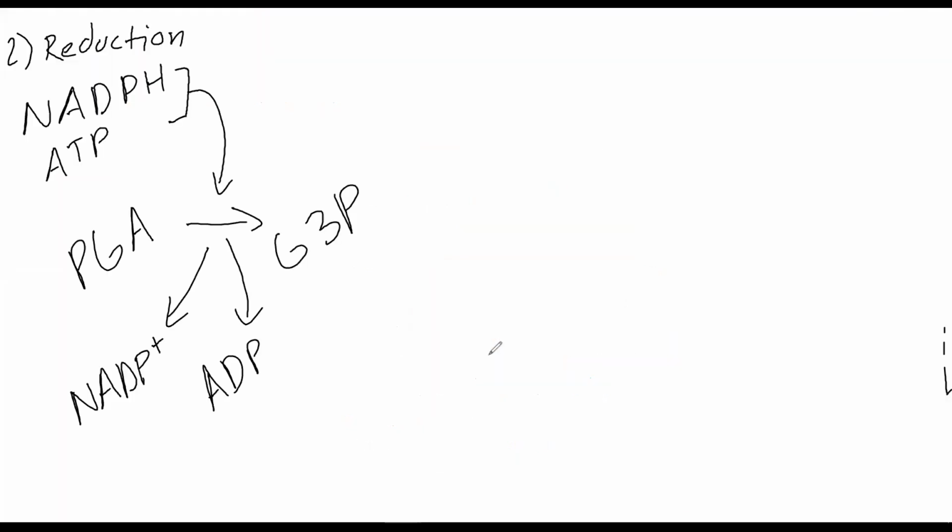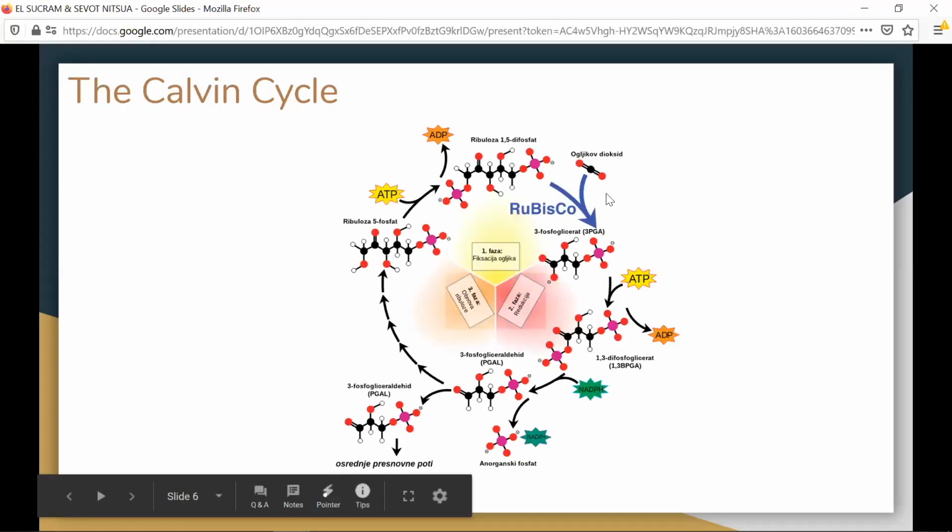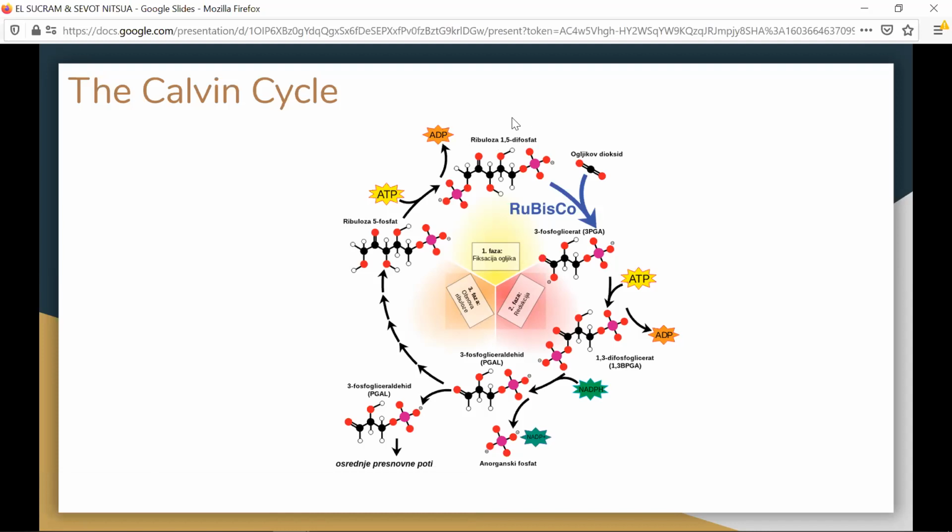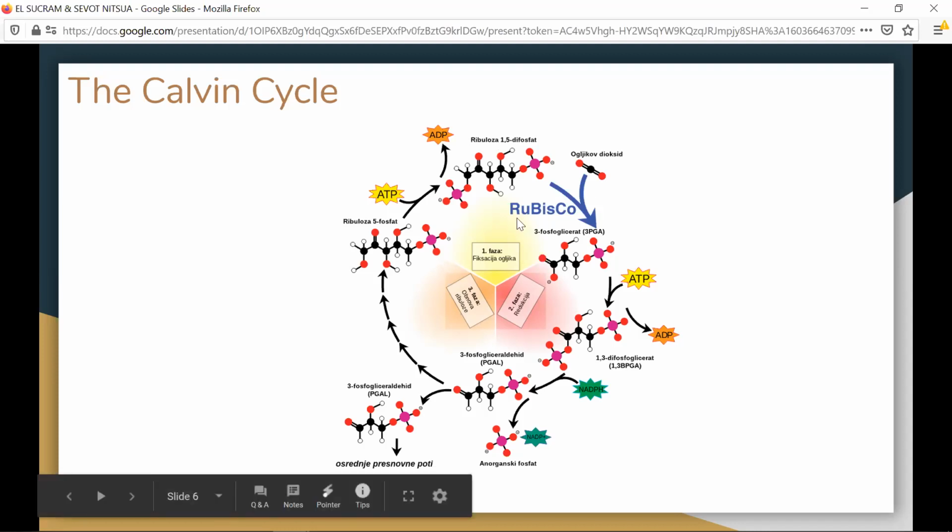When we regenerate RuBP, the first thing that needs to happen is 3 cycles need to happen. So I may have gone a little too fast there. We took in one carbon and we produced 1 G3P. What needs to happen next is another carbon needs to go through this cycle and produce another G3P. And then a third carbon needs to come in and produce another G3P.